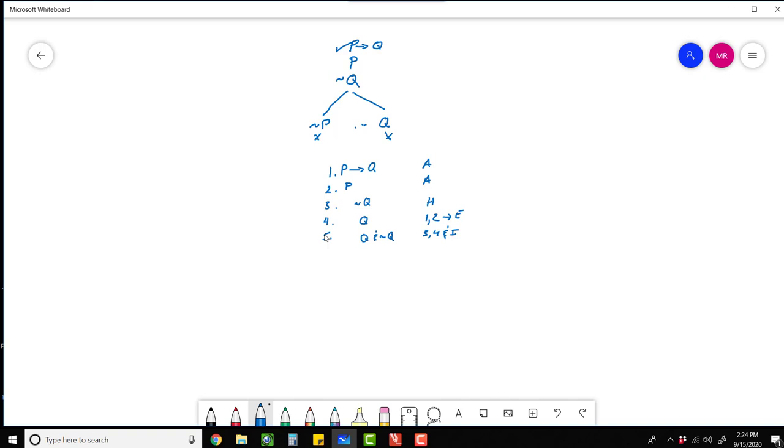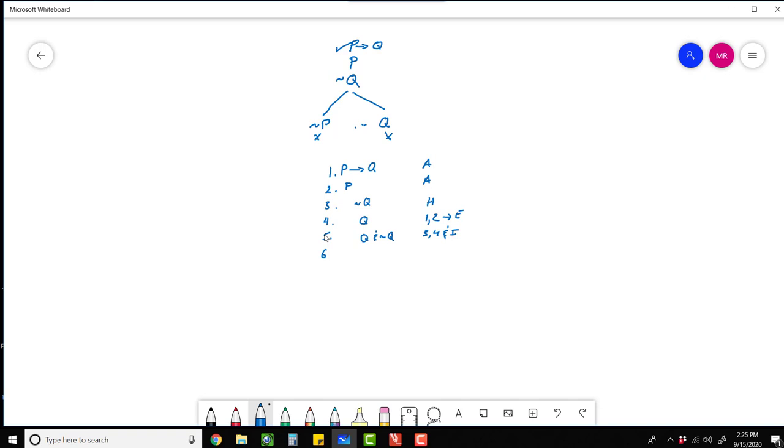The last thing you have to understand about negation introduction is how to discharge the hypothesis. Negation introduction says, good, you've derived a contradiction after hypothesizing the negation of the conclusion. So on the next line, and this has no correlate in the truth tree approach, you get to assert the negation of the hypothesis.